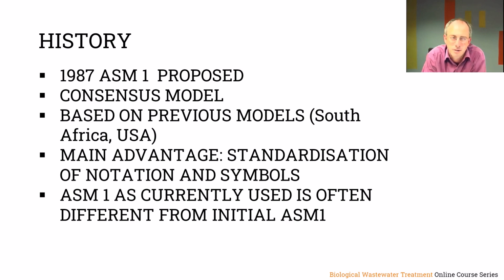If you now write a paper about activated sludge modeling, you don't need to describe the model. You can just say we used ASM1, but we changed this and this and this. That's always much easier to write down, and then you also know what the differences are. Also the symbols: everybody used the same symbols. So if you read different papers, you don't need to figure out what the symbols mean this time.